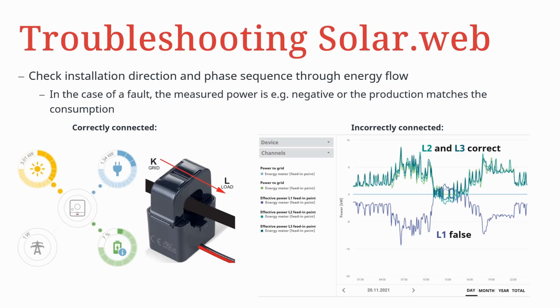You can see very clearly in the diagram that the current transformer of phase L1 measures a negative power, and the current transformers of phase L2 and L3 are connected correctly. So the current transformer which measures phase L1 should be corrected, so the direction has to be changed. Then this system will also run optimally.